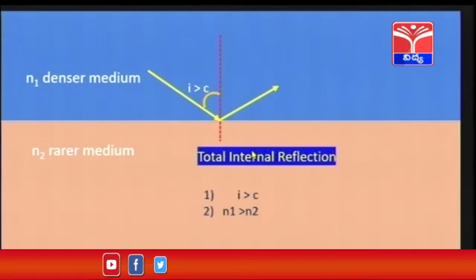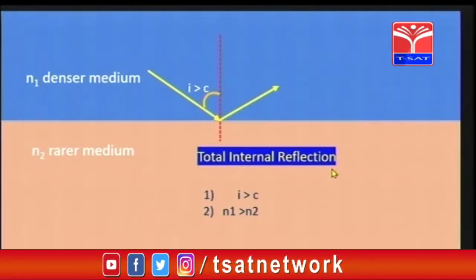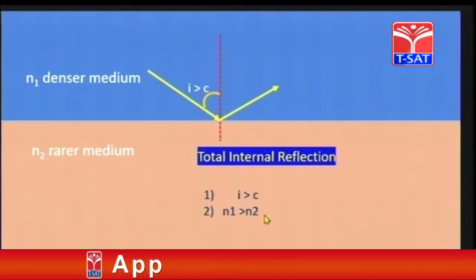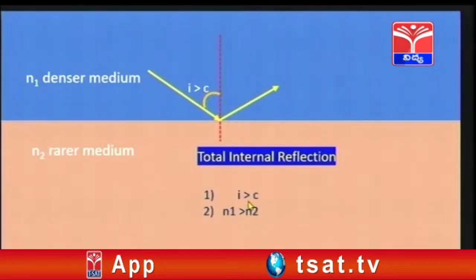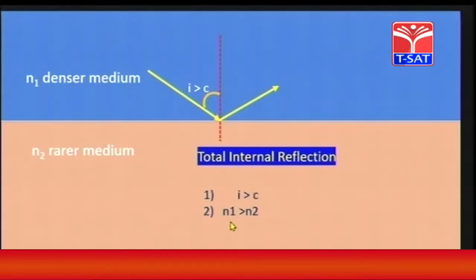This phenomenon is known as total internal reflection. So to get total internal reflection, two conditions must be satisfied: the incident angle is greater than the critical angle and the light has to travel from a denser medium to a rarer medium.